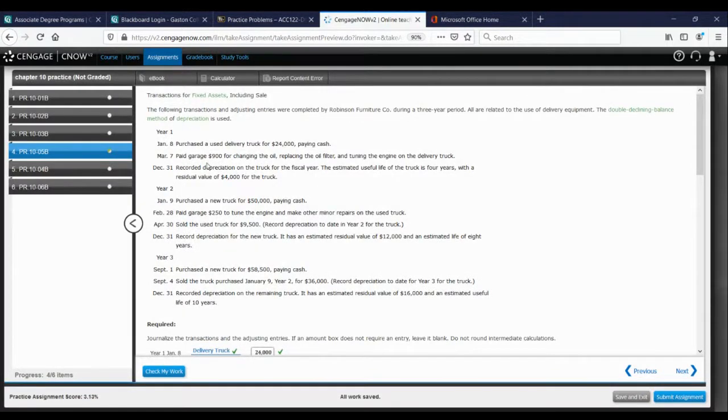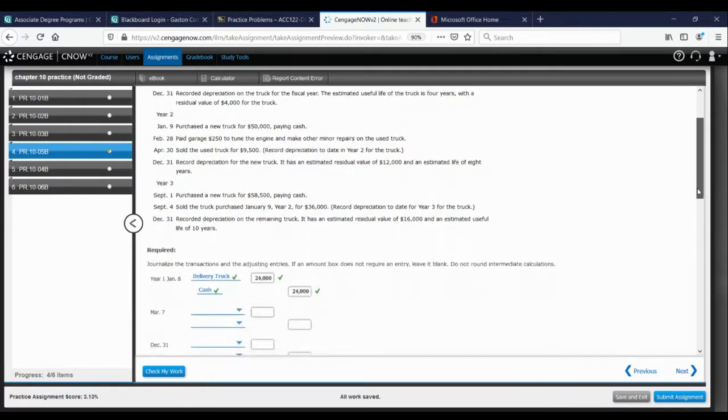On March 7th, we paid a garage $900 for changing the oil, replacing a filter, and tuning the engine on the delivery truck. These are what we call regular maintenance charges, and they are what we refer to as revenue expenditures. And so we're going to record this as the truck repair expense, because expenses have normal debit balances and increase on the debit side.